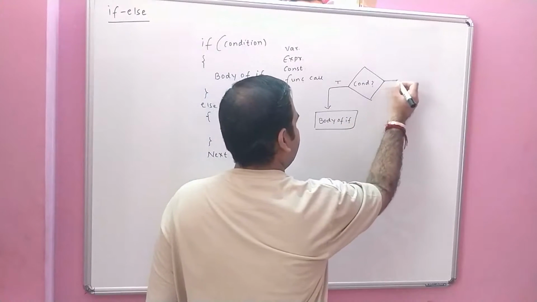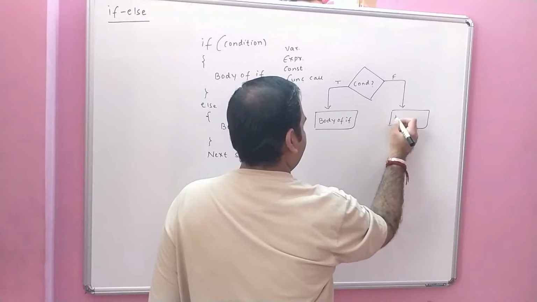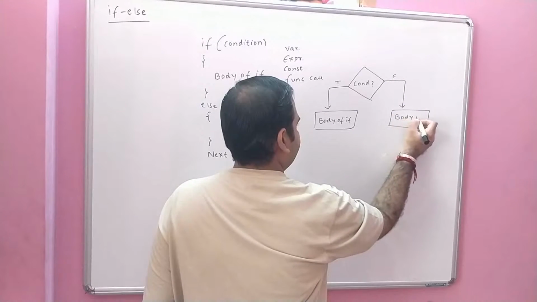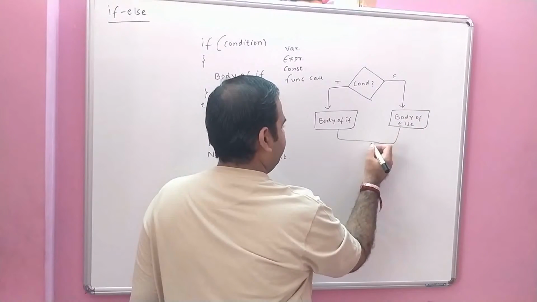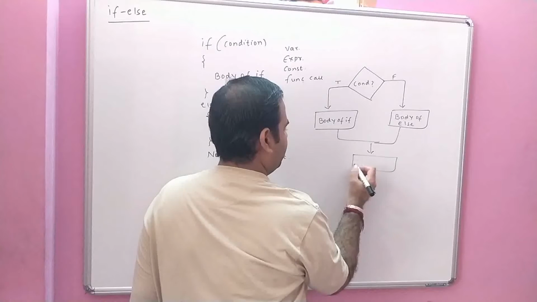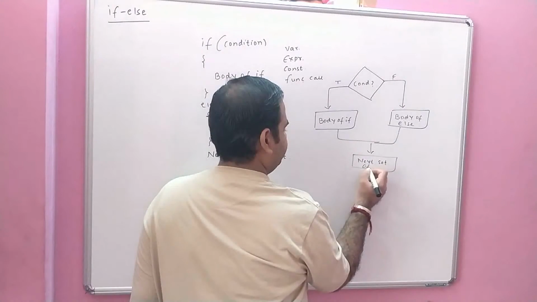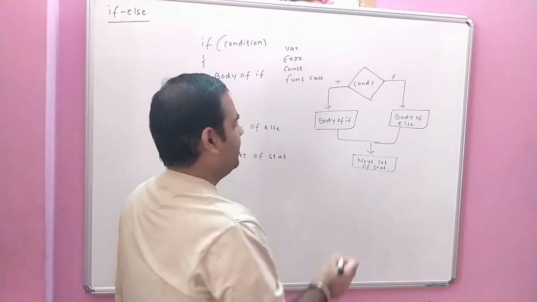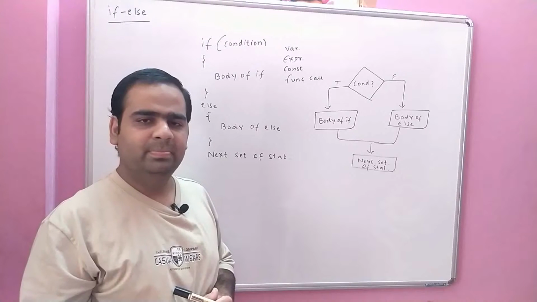And if the condition is false, the body of else gets executed. And after these two things, the next set of statements gets executed. These next set of statements are independent of the condition.